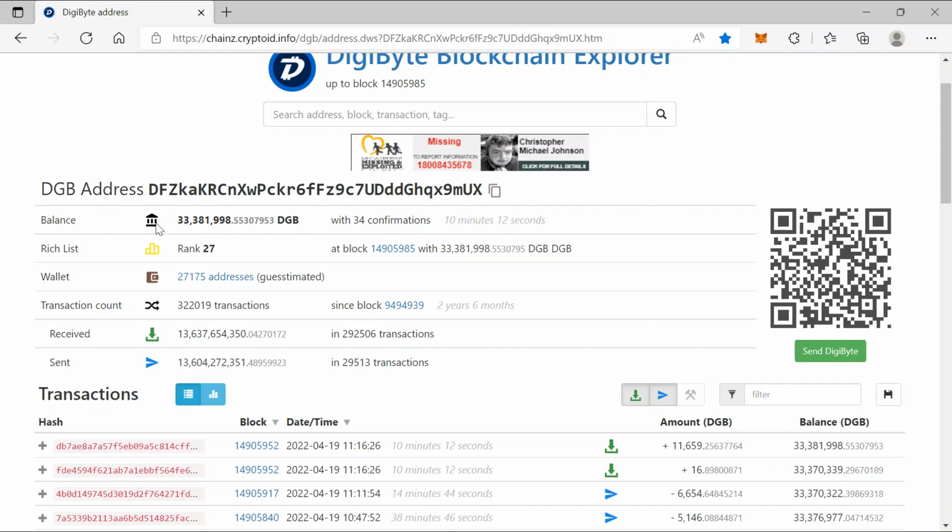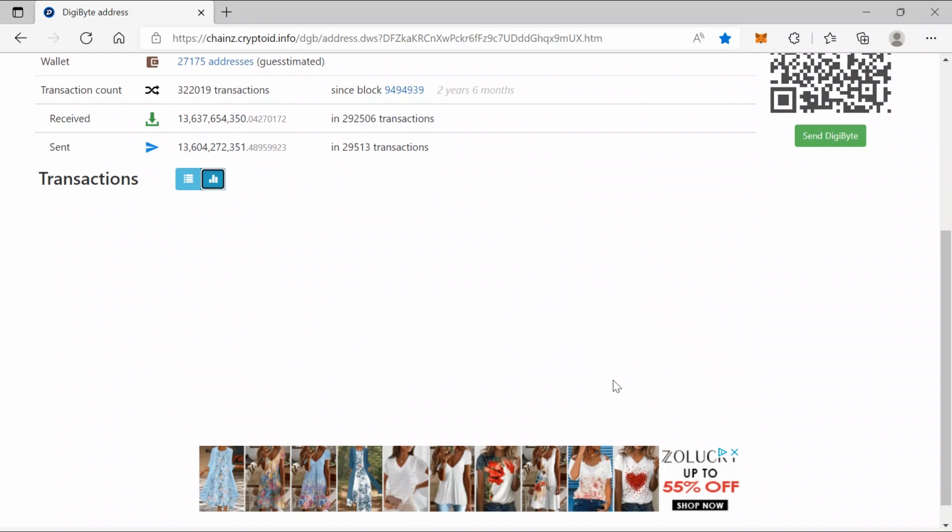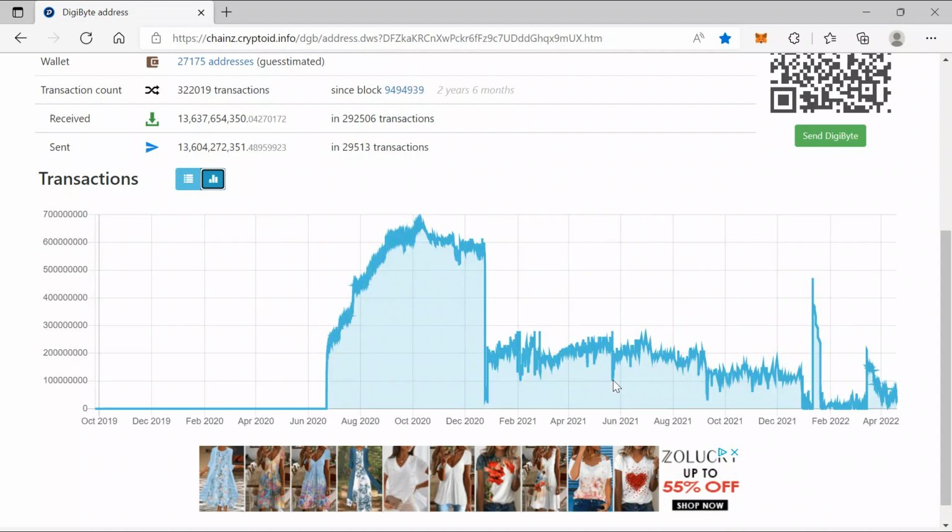If I wanted to take a look at the history of this wallet from a balance perspective, I can just click on my little graph there and wait for it. And what you're going to see is there have been some much higher historical balance levels for this wallet, and then you'll see the liquidity over time just slowly dropping the bottom out.